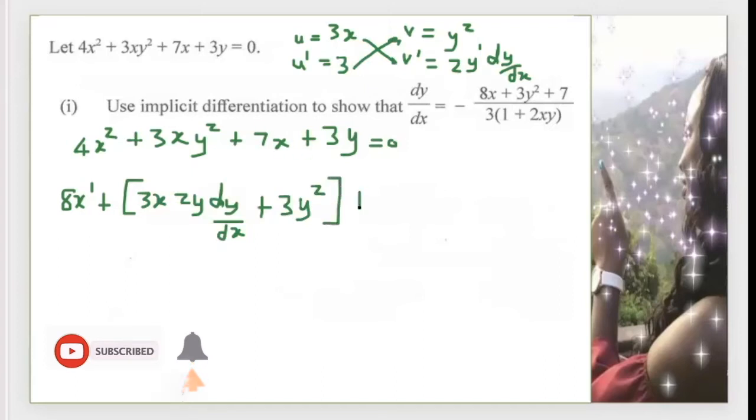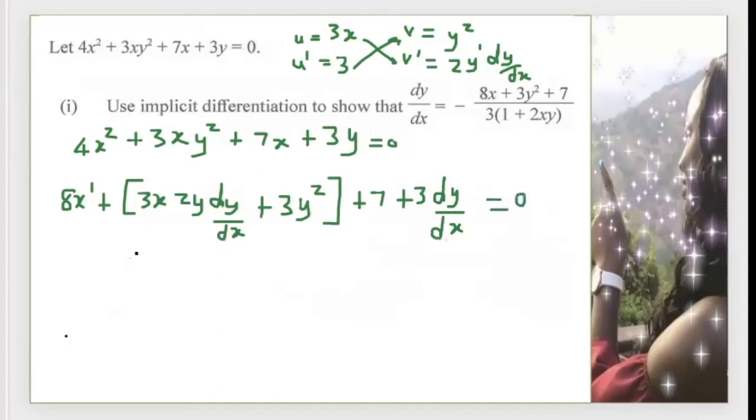Now differentiating 7x, that will give us 7, and differentiating 3y, that will give me 3, but now you have to put dy dx. So differentiating the y becomes 1, so 3 times 1, that's 3, but dy dx. And we're going to have equals 0.